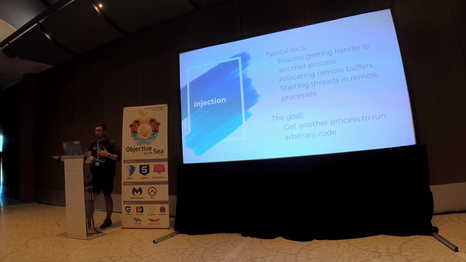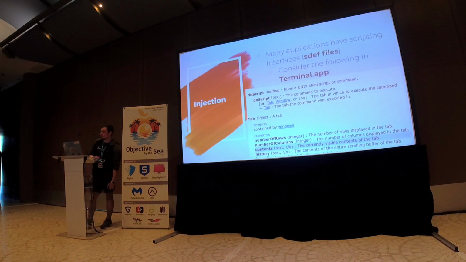We, though, kind of have a nicer option. So remember, like I said before, lots of applications have these scripting definition files that expose these APIs for you to do stuff. The most common one that adversaries use is this do script in Terminal.app, which executes a script for you. But there's a whole bunch of other things that kind of go into that.